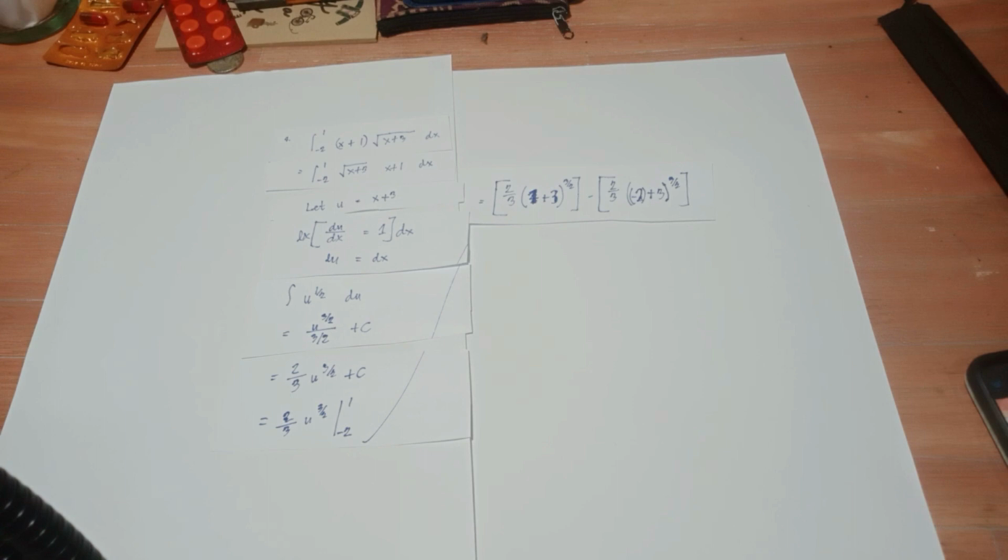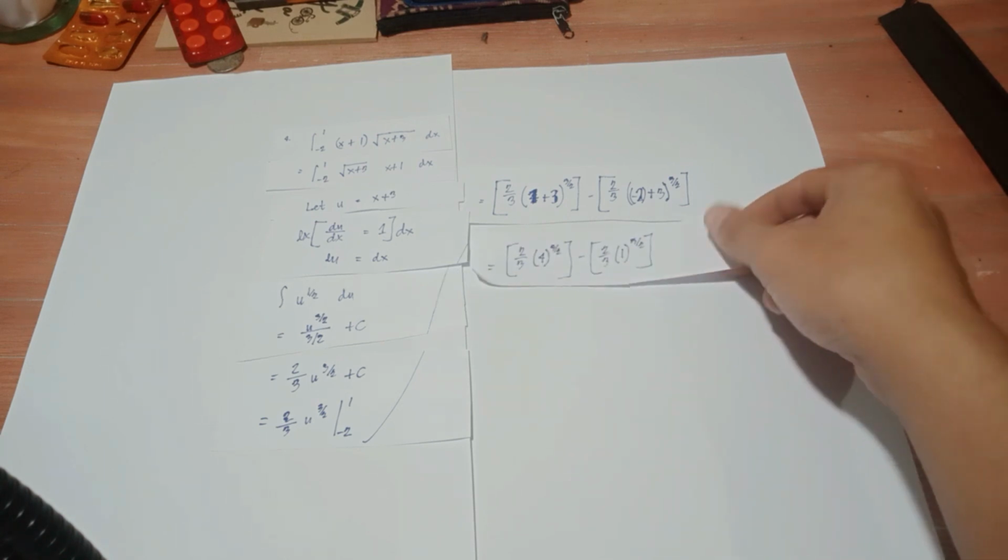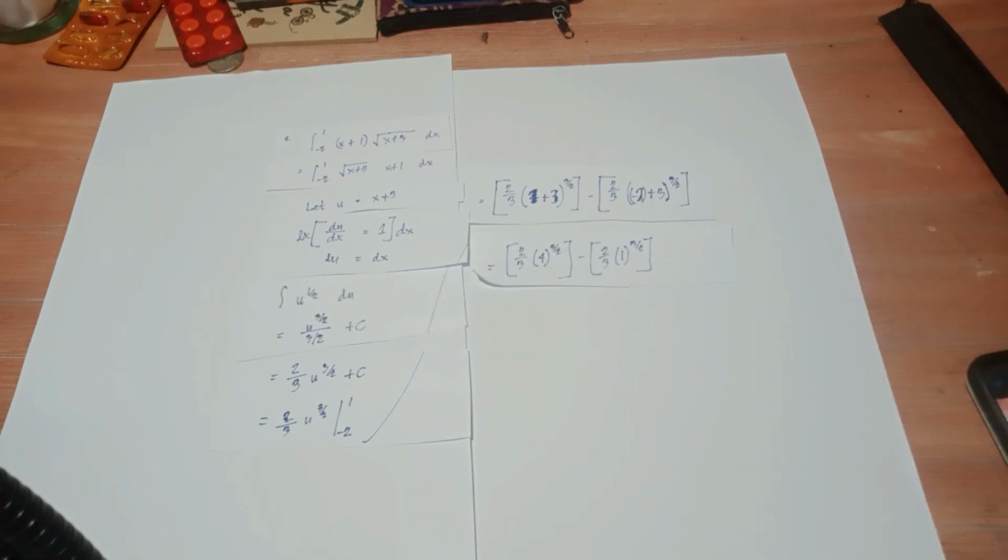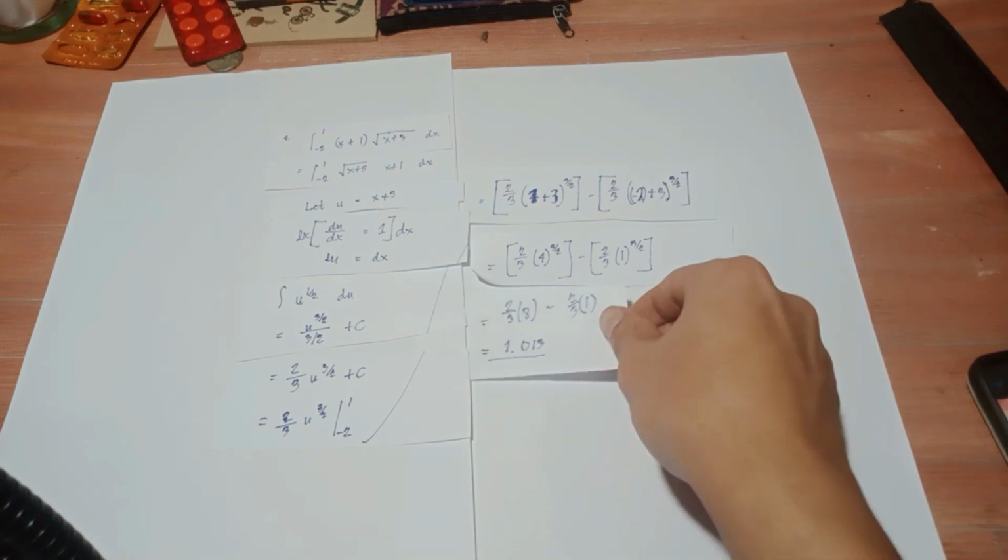So we have 2 over 3 times 1 plus 3, since we already substitute the 1, raised to the power of 3 over 2, minus 2 over 3 times negative 2 plus 3 raised to the power of 3 over 2. Then simplify. So we have our last answer. We have 1 over 0.13.